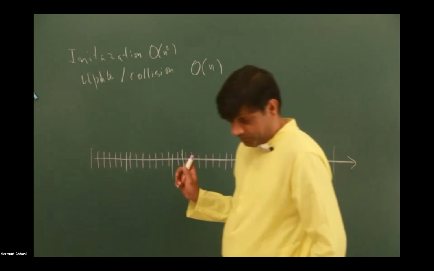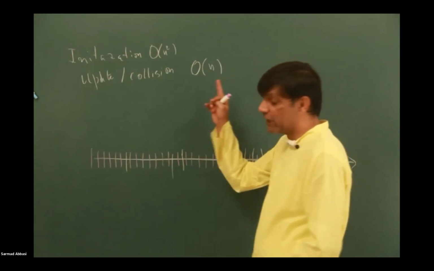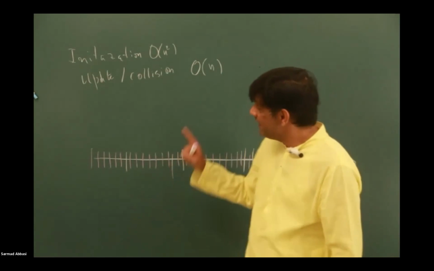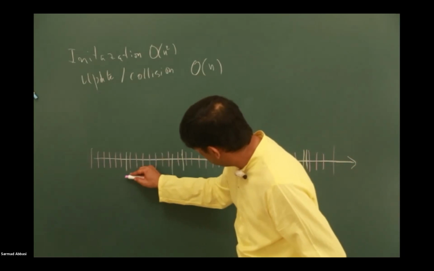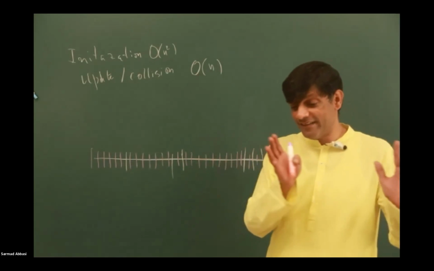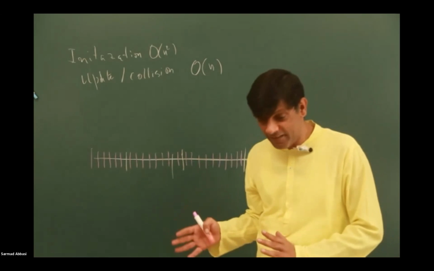Okay. So now what this means is I'm not spending order n per frame. The time that I'm spending is order n per collision. Okay, and collision rate is far less than the frame rate. Okay, so that's a very nice thing.